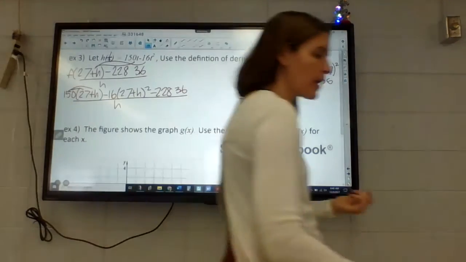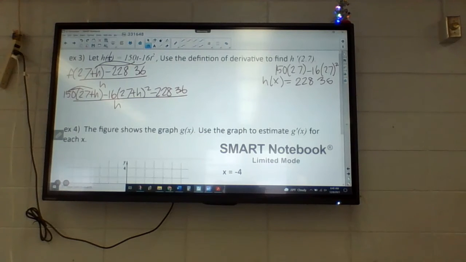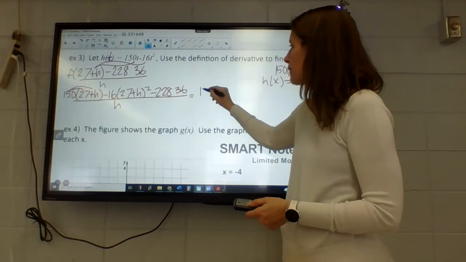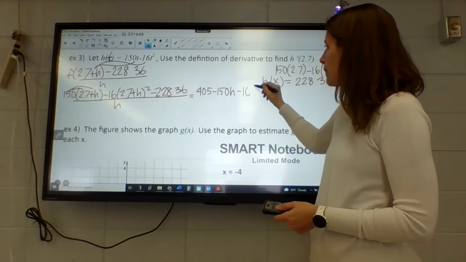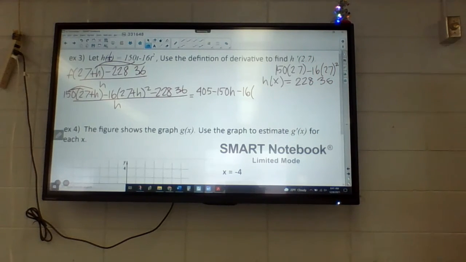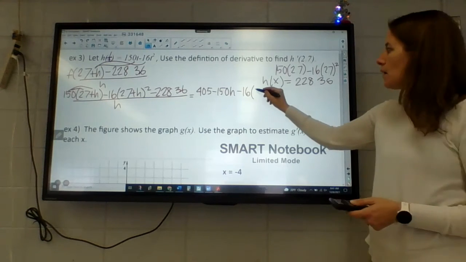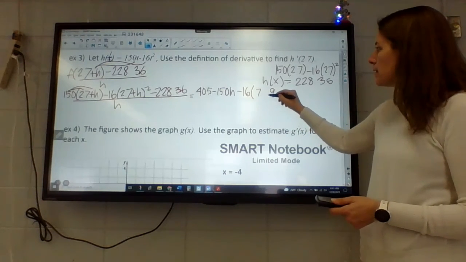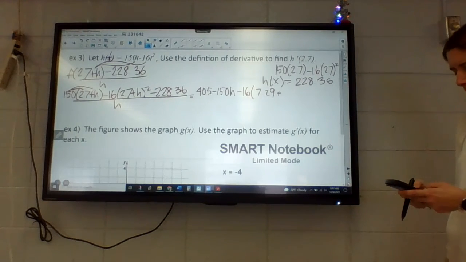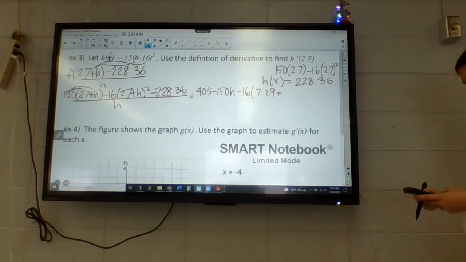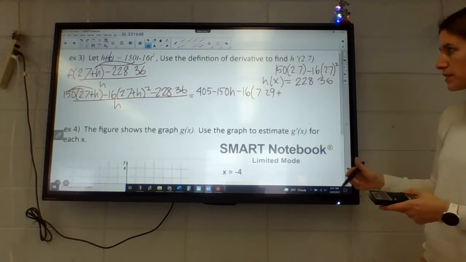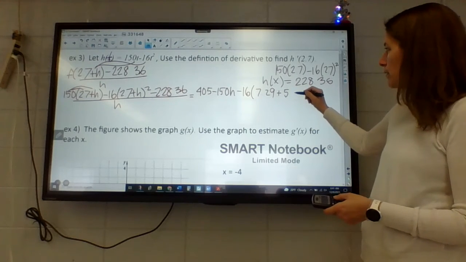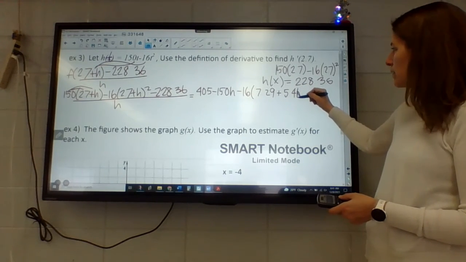So at the FOIL before I multiply by 16, now when I FOIL 2.7, I get 7.29, and then plus, I'm going to just add those right away. So 2.7 and 2.7 is 5.4 h, sorry.